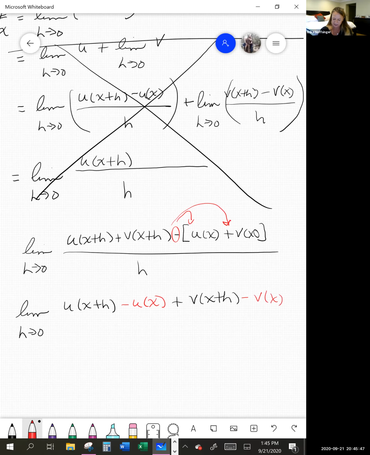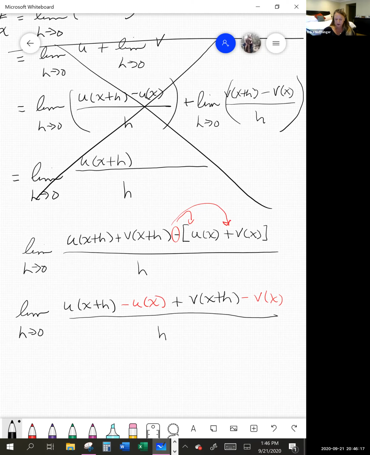So all I did was move my terms around once I distributed that negative. Sometimes I like to turn my parentheses into zeros. And this is all over h.